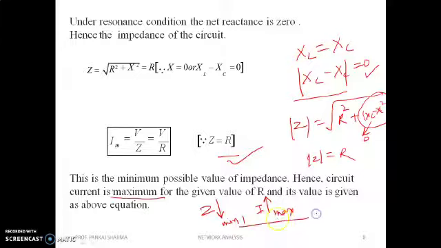Kindly note this. Maximum current is given by V upon Z. Z is minimum, so it is becoming maximum.